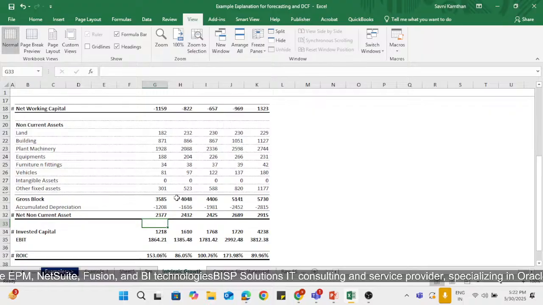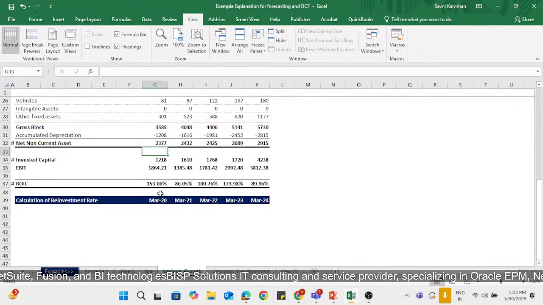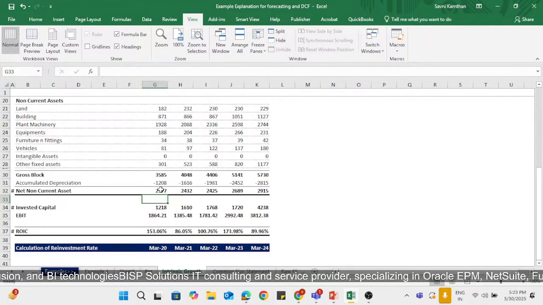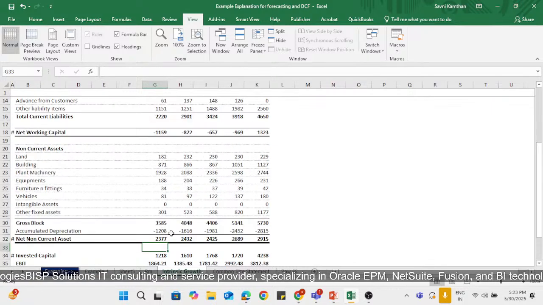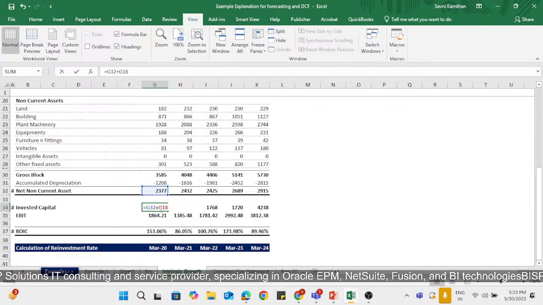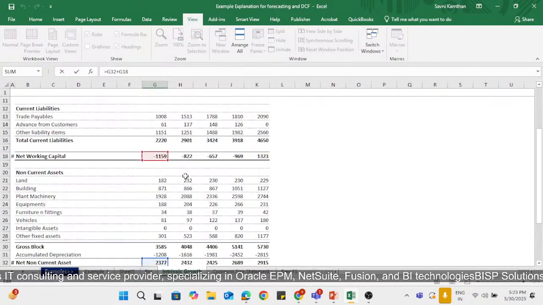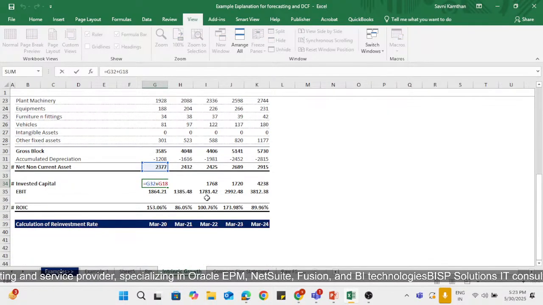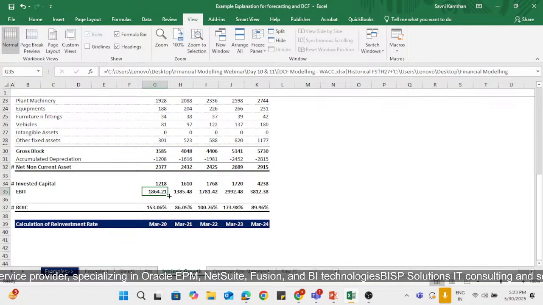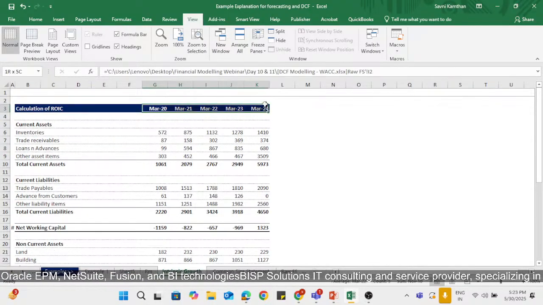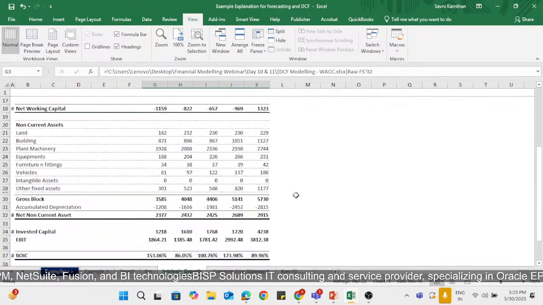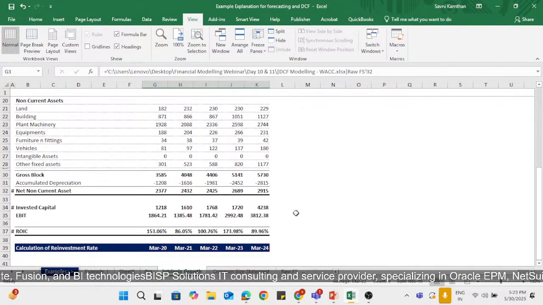So my net non-current assets will be 2377. Now invested capital, according to my net working capital and net non-current assets, will be coming as 1218. Like that only we have dragged it till March 24. And one thing, I have taken last 5 years data only so that I can calculate it more easily and no problem will be there.